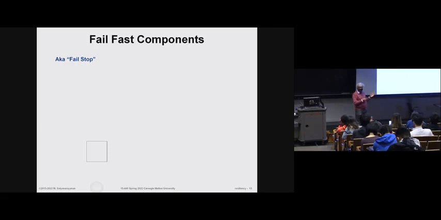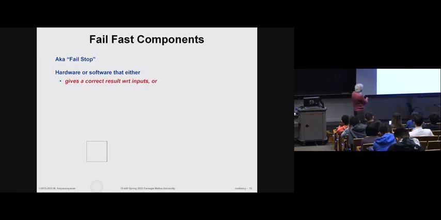I'll use fail fast, but the other word is also used in the literature. It's hardware or software that has a very important property, and this property is exactly what we achieved with at most once RPC. It's a generalization of what you already learned.